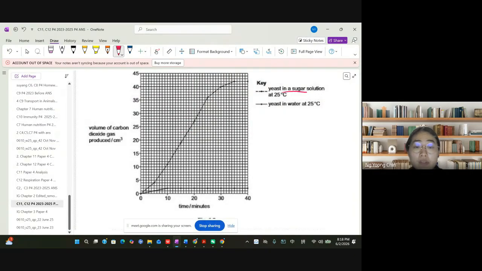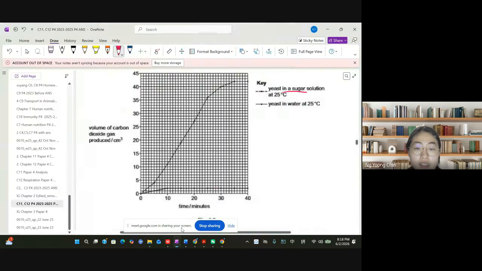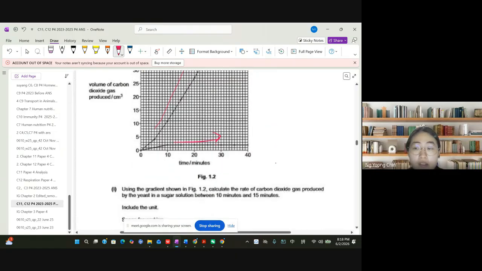By this way, they can produce a large amount of carbon dioxide gas, here. Compared to this one, yeast in the water, because they don't have the supply of sugar, the yeast is unable to do fermentation, unable to do anaerobic respiration.